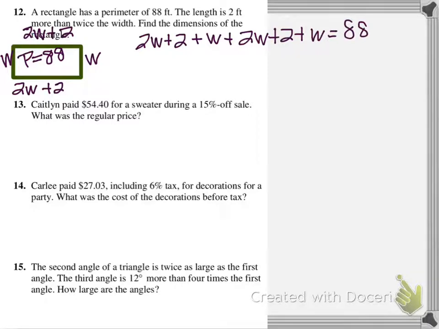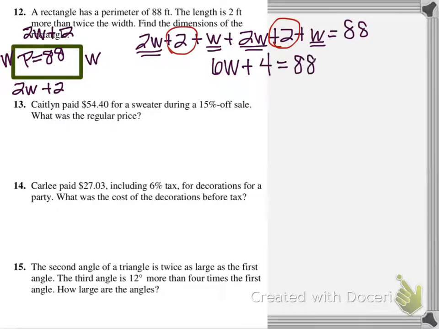So when I combine my like terms, I have 2, I have 1, I have 2, and I have 1. So 2, 4, I have 6W plus, I've got a 2 and a 2. So plus 4 equals 88. Again, remember that perimeter means all the way around, so you have to make sure you include all 4 sides.